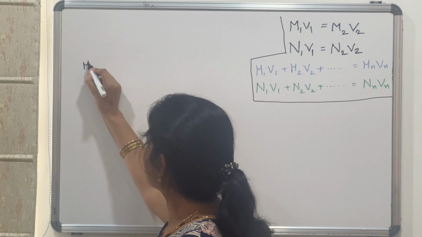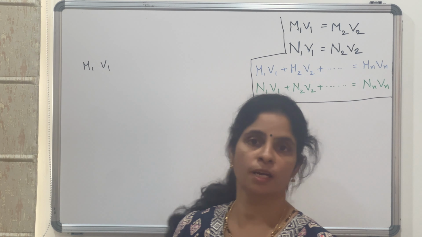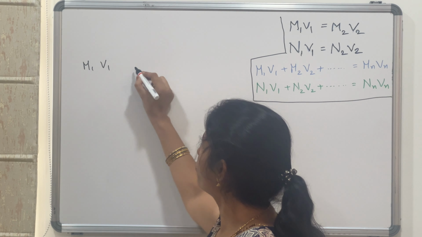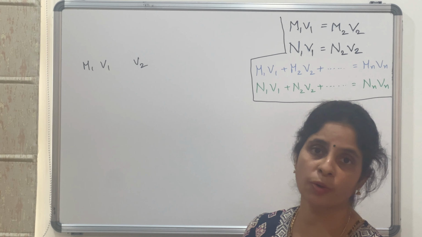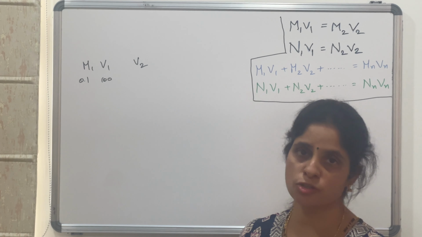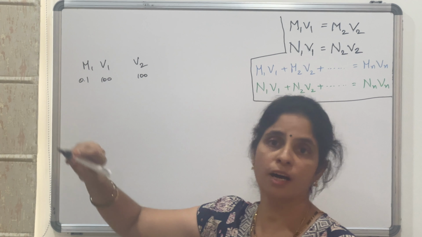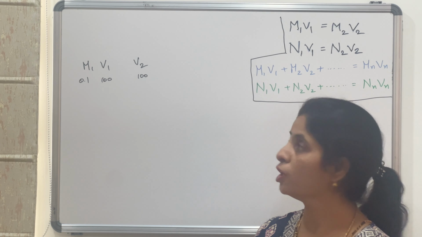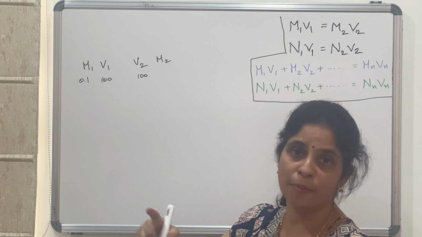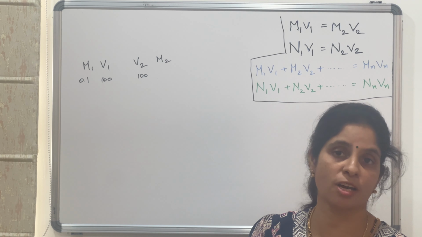If M1 is the molarity of the solution with the volume V1, then if you add some V2 ml, for example it is 100 ml of 0.1 molar solution, and you have added another 100 ml of water or solution to this, the number of moles remains constant, but the new volume changes and the concentration changes.